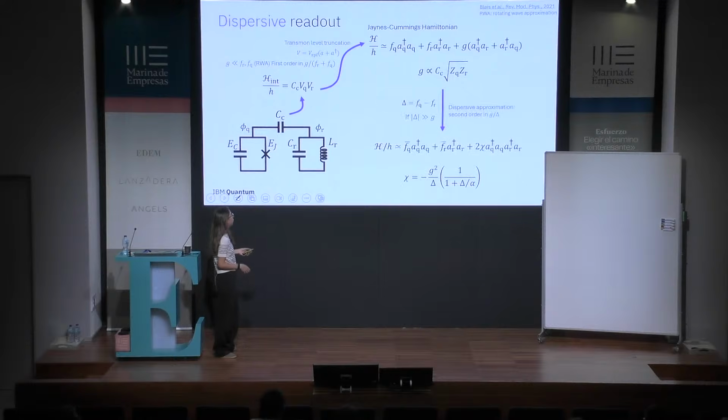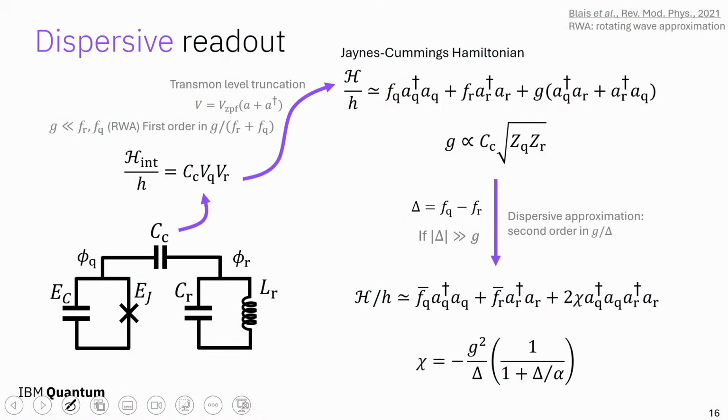But what we can do is detune in frequency these two objects. So for the example that I'll show here, it will actually be with a negative detuning, so with the resonator at higher frequency than the qubit. And you want that detuning to be much larger than the coupling G between the two objects. If you do that, this is what's called the dispersive regime, or the dispersive approximation.